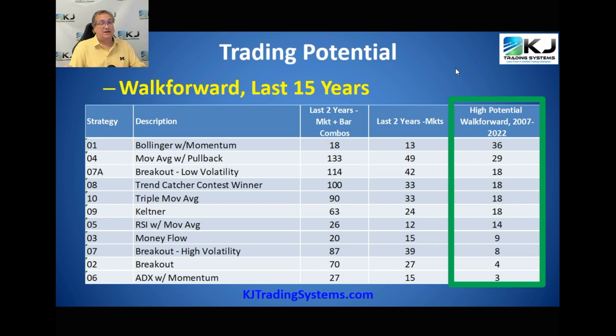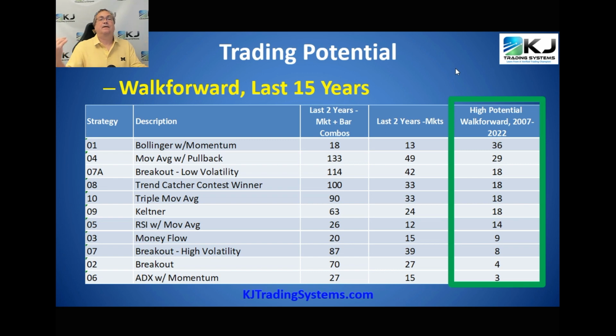Now, I should mention, you could make little tweaks to any of these strategies and get them all of a sudden to act really good. Some of these I traded with stops. Some were just stop and reverse. Some had a profit target. I tried a bunch of different things. So I'm not trying to say that a triple moving average is always middle of the pack. It depends what you do.